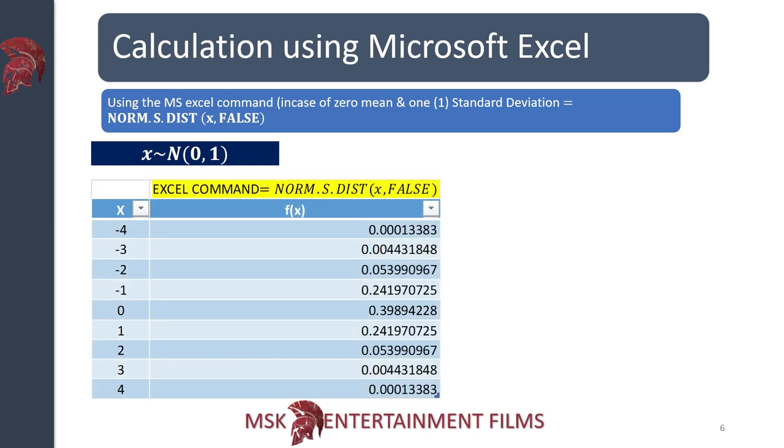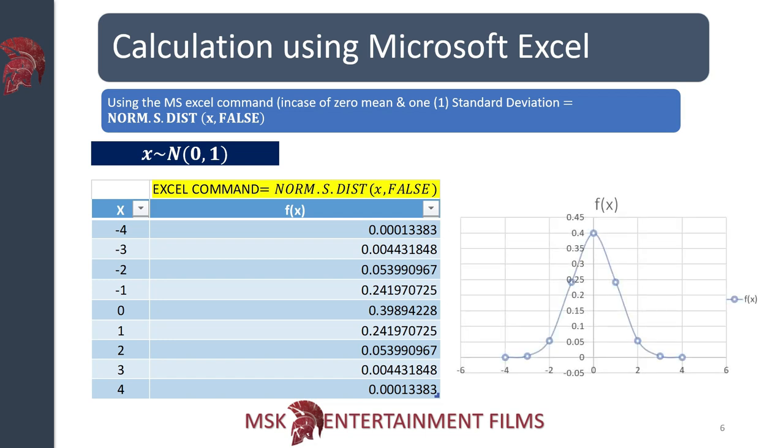This is a table which shows the values of x and f of x. We took values ranging from -4 to +4, and to find the f of x value for every single x, we inserted the values in the formula highlighted in the box, and we got values starting from 0.00013383, then 0.0044318848, and so on.